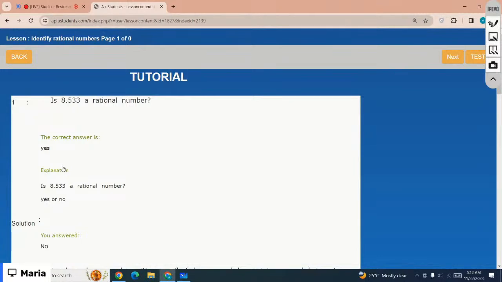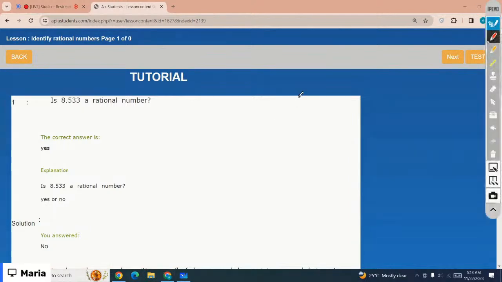Okay, basically rational numbers are the ones that can be written in the form a over b, right? If you write a number in the form a over b, that would be a rational number. For example, you are given 8.53. Is 8.53 a rational number? Yes, it is rational. How? You can remove the decimal and write it in fractional form.